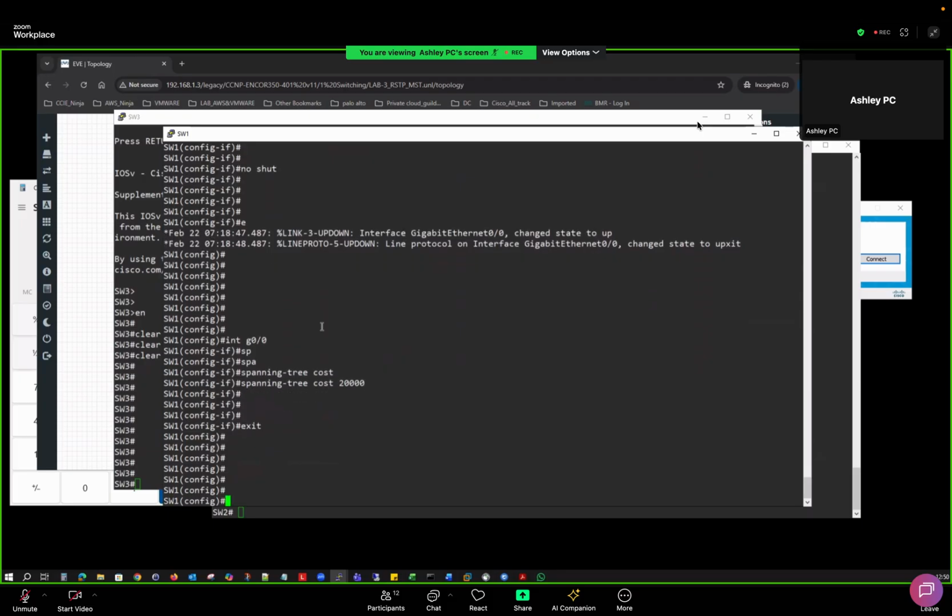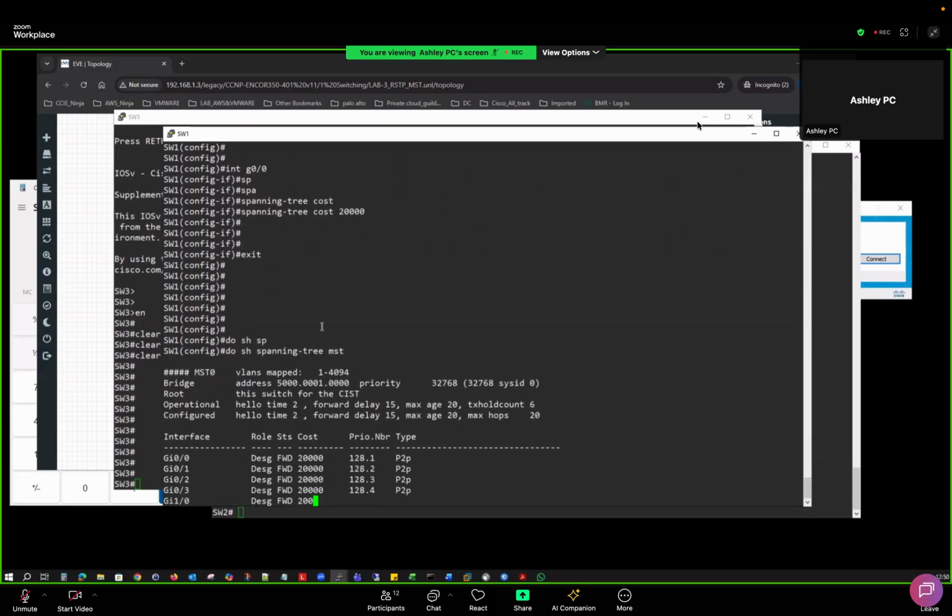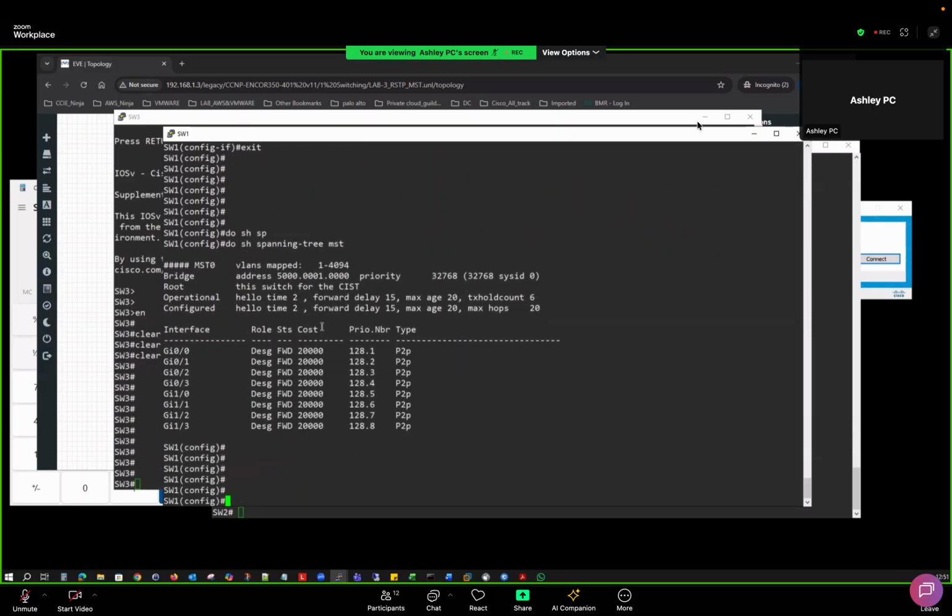Exit. Spanning tree MST. Okay, we have 20,000 on this one.